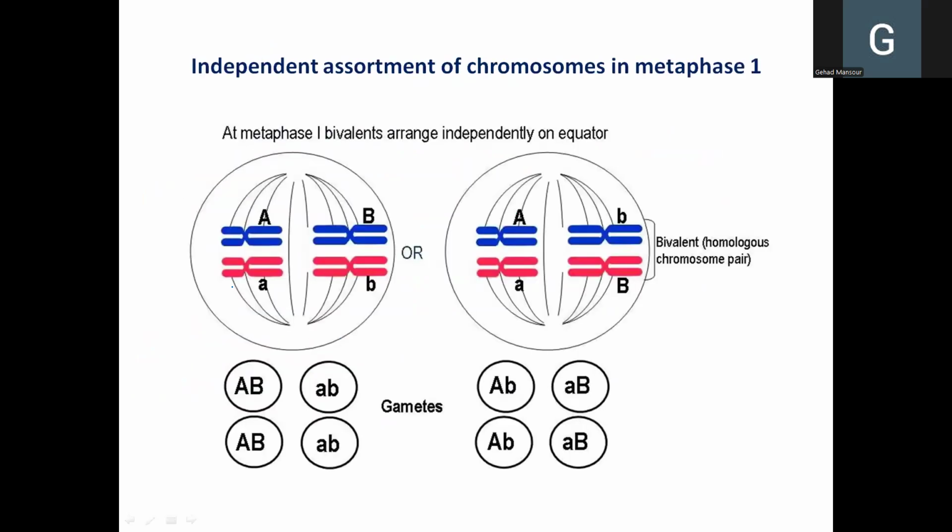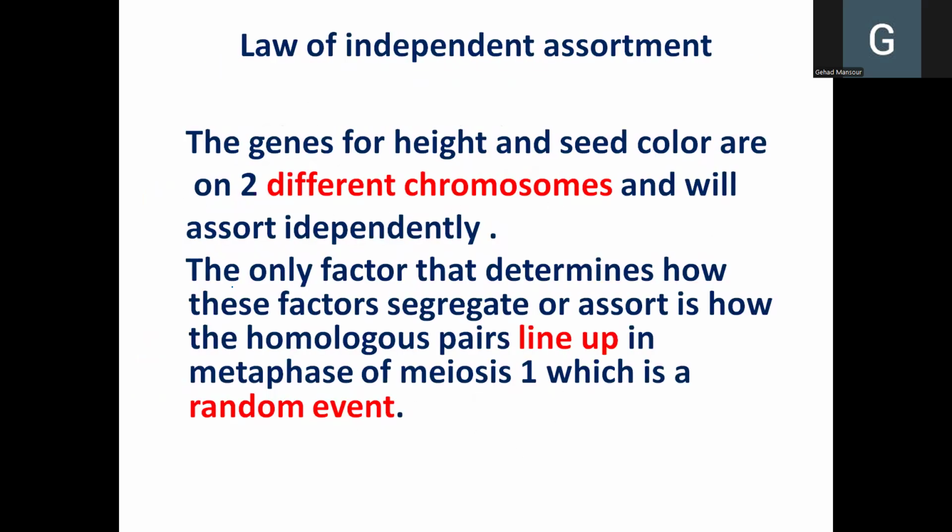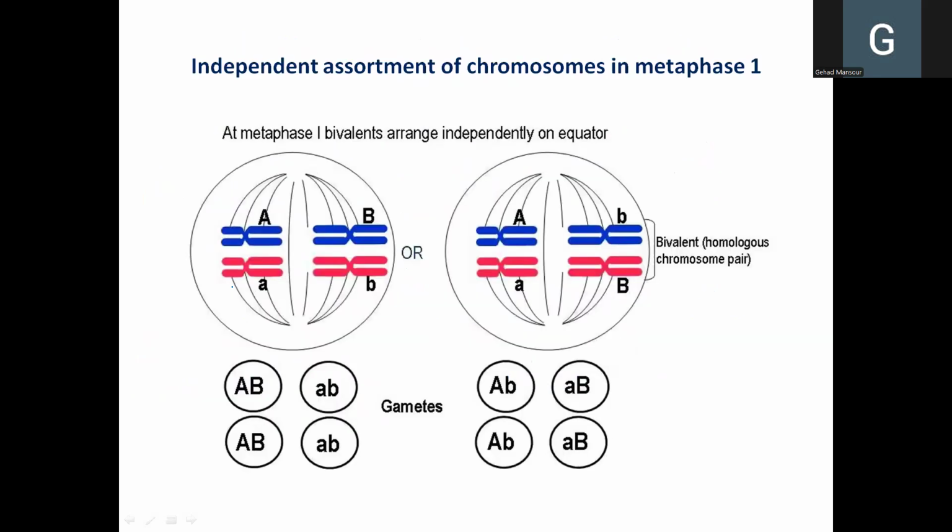How is a dihybrid cross related to independent assortment of the chromosomes? Independent assortment of chromosomes means that there is a different way that chromosomes adopt to arrange along the equator.